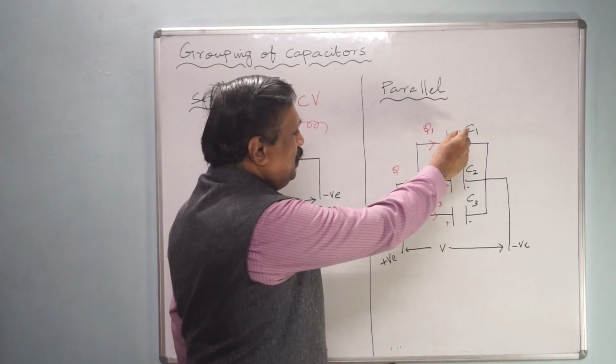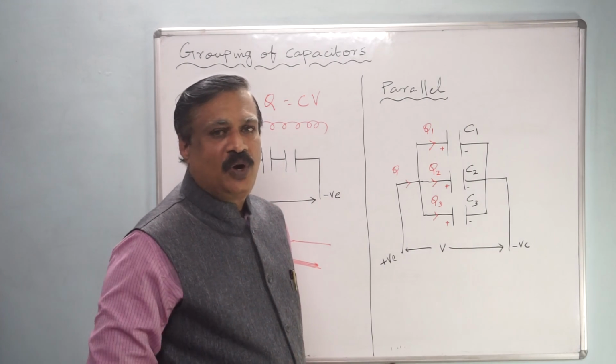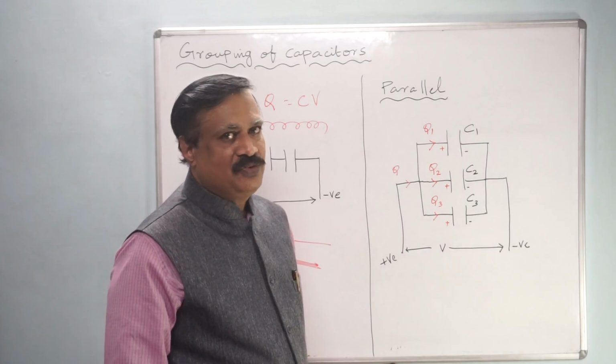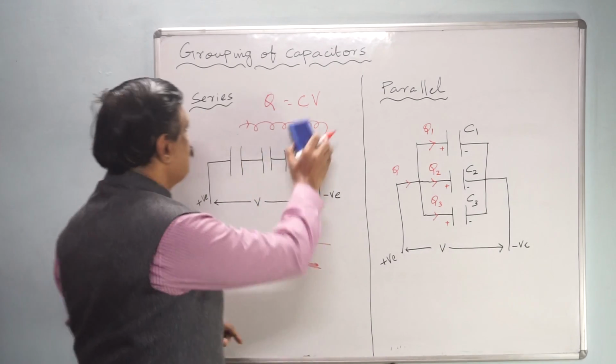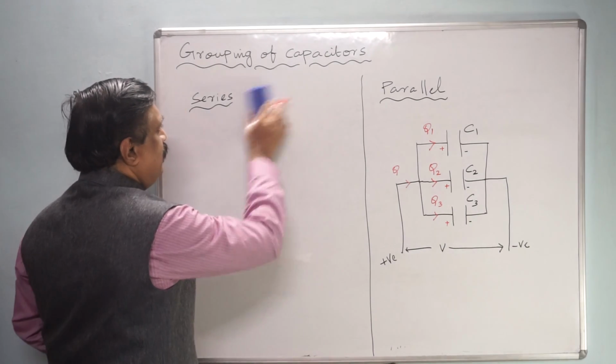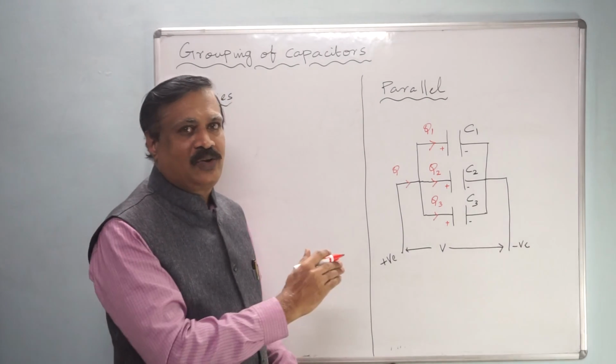Now the independent values are C1, C2, C3. What is the net value of the three capacitors? That is what we are going to see. For that, I will erase this. First you understand what the combination is. It is a parallel combination.